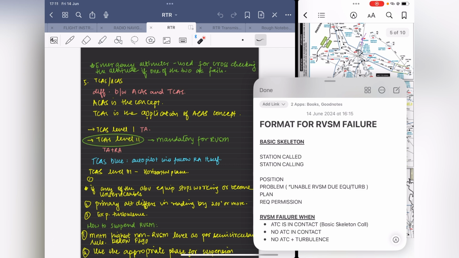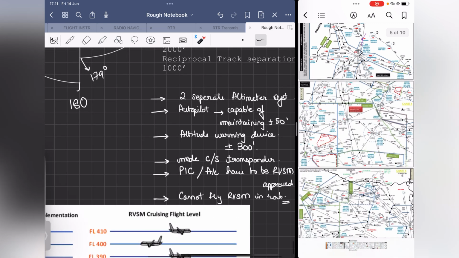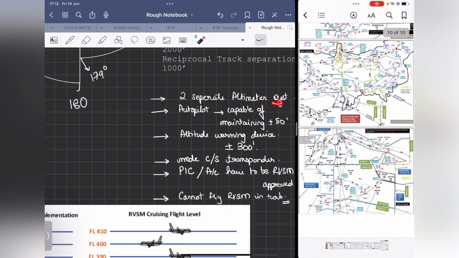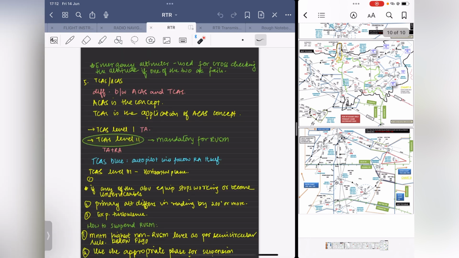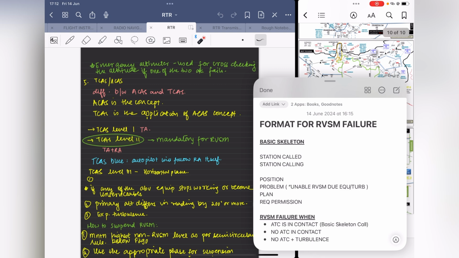We could have a primary altimeter failure, if you remember, we spoke about this. We could have autopilot failure, a mode C transponder failure, or we could be flying in turbulence. In any of these conditions, if mentioned, you will have to suspend RVSM. And major calls are going to be revolving around that itself, about you suspending RVSM.